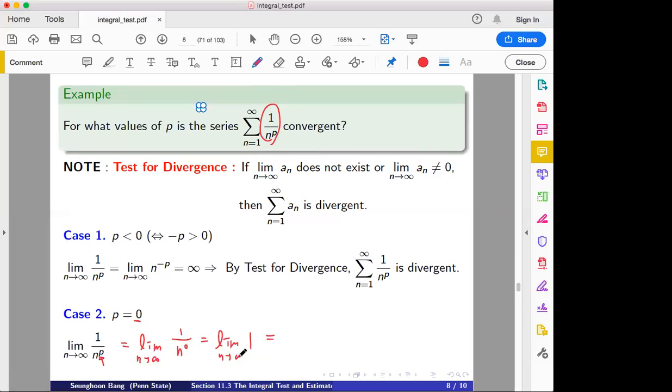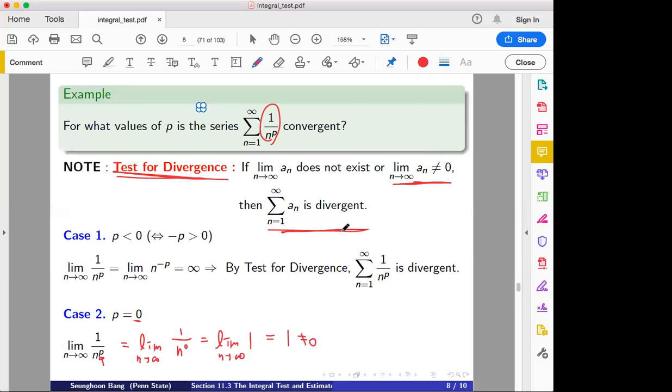What is the limit of 1? Yes, the limit of 1 is 1. So what does it mean? 1 is non-zero, so you can use the test for divergence. Here, the limit of a_n is not equal to 0.